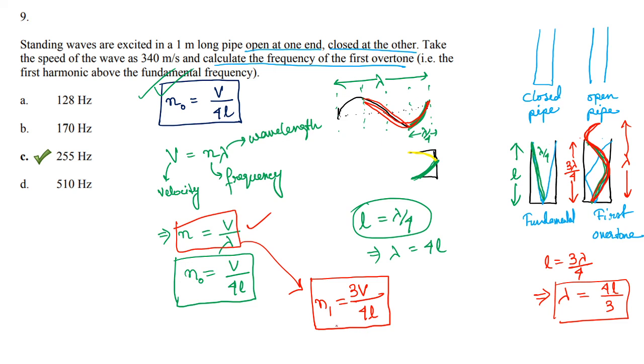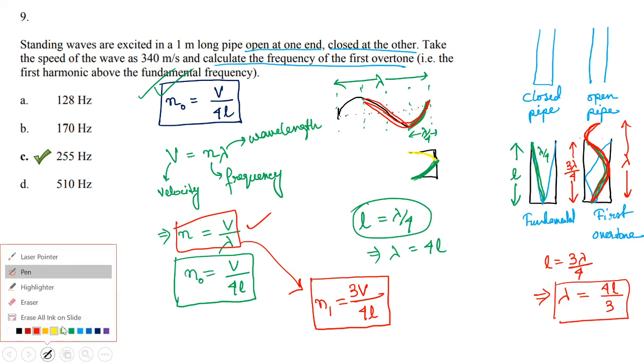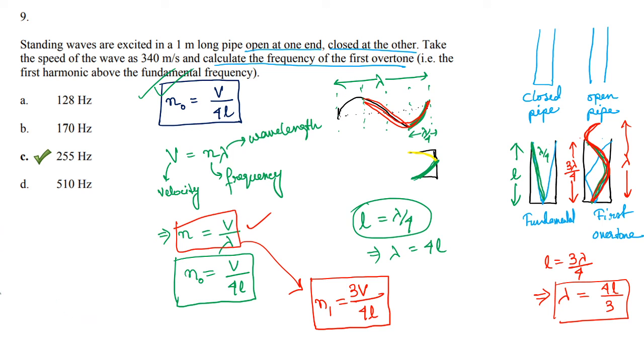Now if we put the values of V and L in this equation, we can easily calculate the frequency of first overtone here. So let's do it. N1 equal 3V by 4L. So V here is 340 meter per second, divided by 4L.